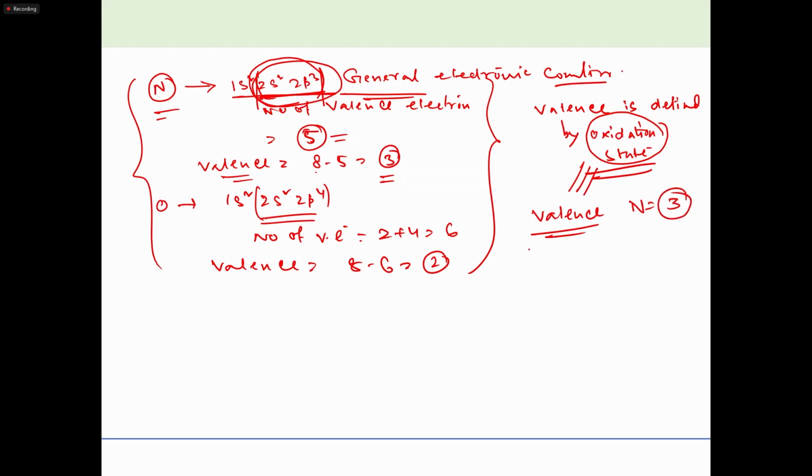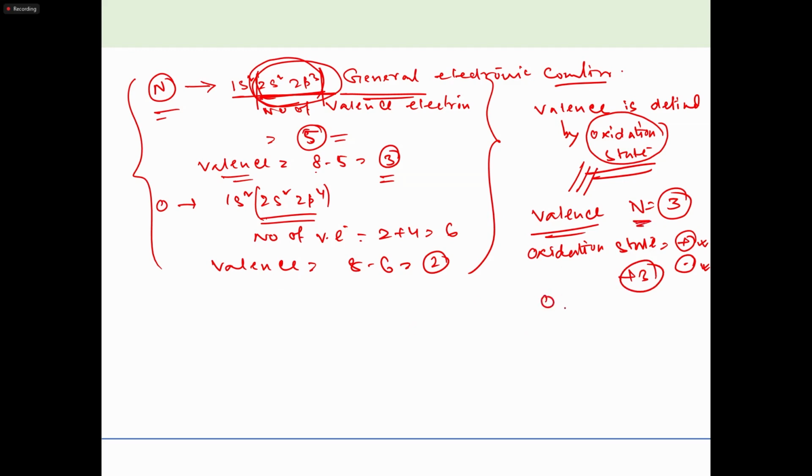So now the oxidation state could be positive and could be negative. The sign, positive or negative, varies according to the compounds. But the oxidation state for the nitrogen is +3.